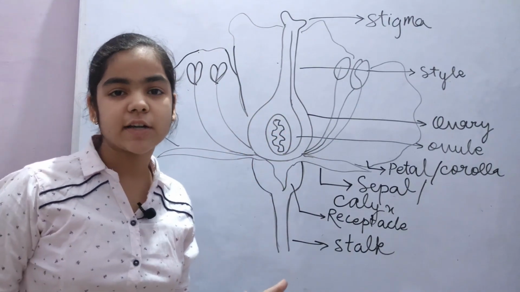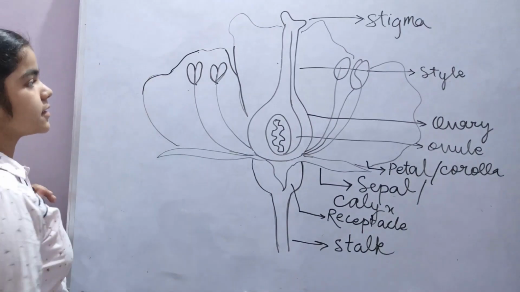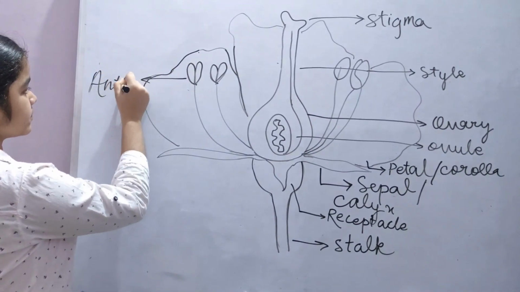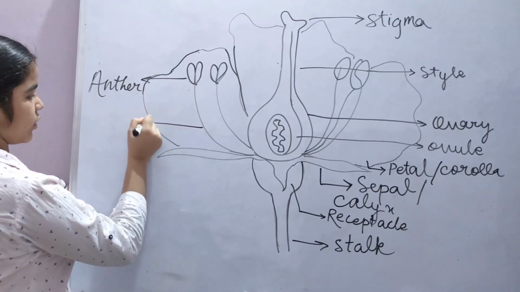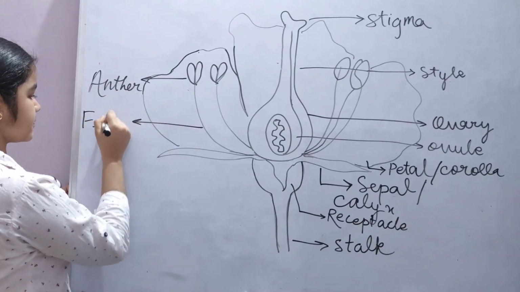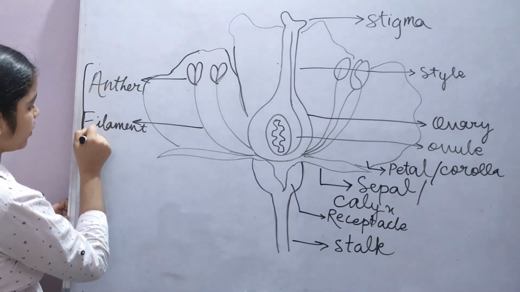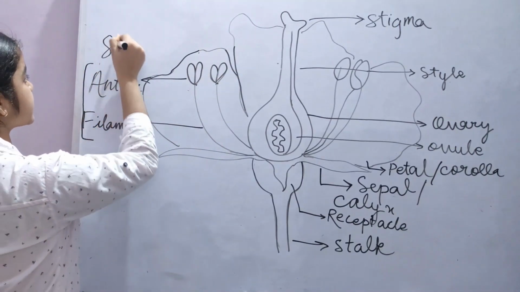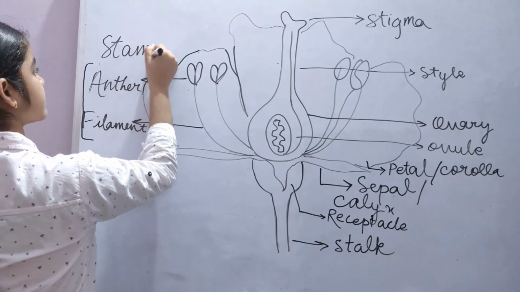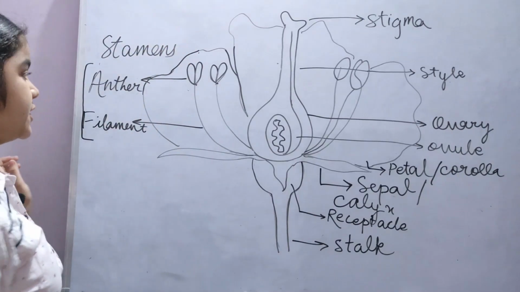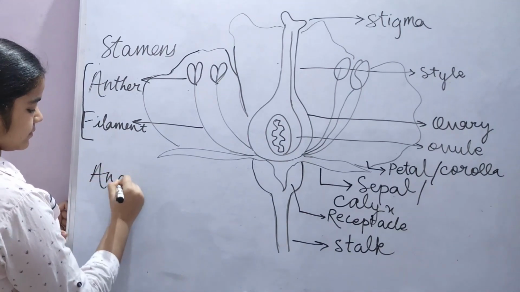Now, which is the male part? Of course, this one. This part is called anther. And this part is called filament. So these collectively are called stamens. And the proper biological name for these is androecium.